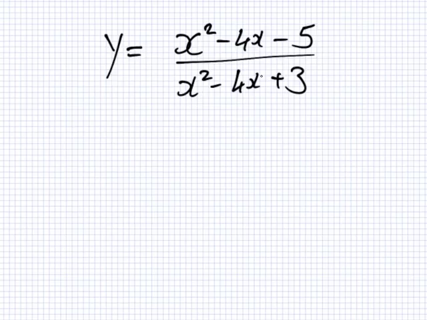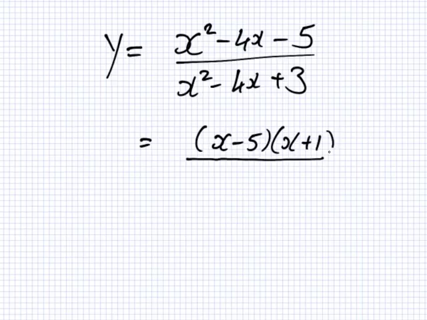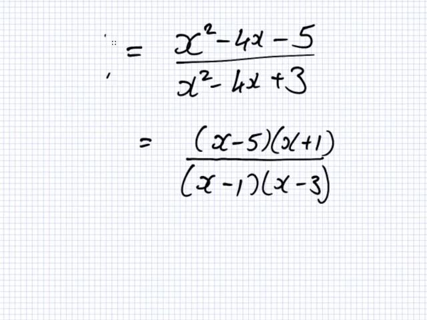What do you want? Excellent question. It is checking: is it invertible? Is this invertible? What I'll do is change this to x minus 5, x plus 1, over x minus 1, x minus 3. This isn't quite y, it's f of x.